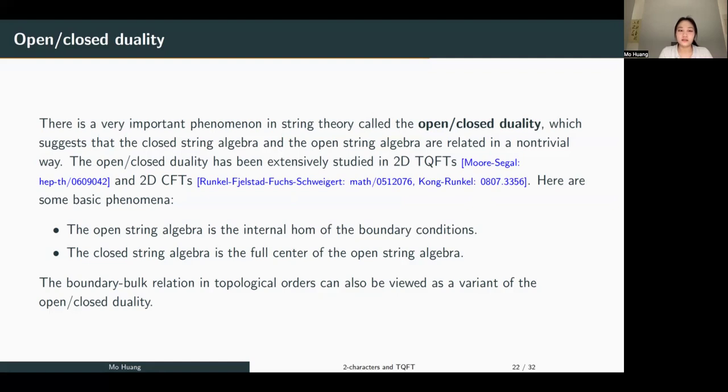Here are some basic phenomena. The open string algebra is the internal hom of the boundary conditions, and the closed string algebra is the full center of the open string algebra. The boundary-bulk relation in topological orders can also be viewed as a variant of the open-closed duality.